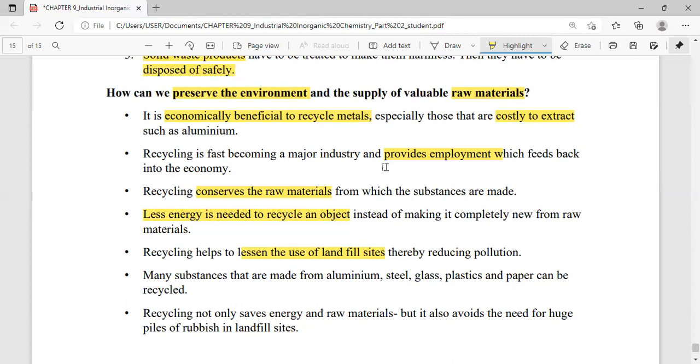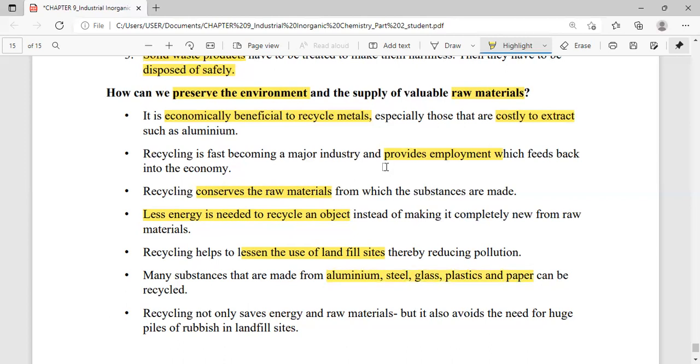These landfill sites are so huge. Sometimes some of the space can be used to build hospitals or schools. So instead of using a large area for throwing rubbish, if we learn to recycle, we can lessen the use of the landfill site. Some of the objects that can be recycled are aluminum, steel, glass, plastics, and paper.